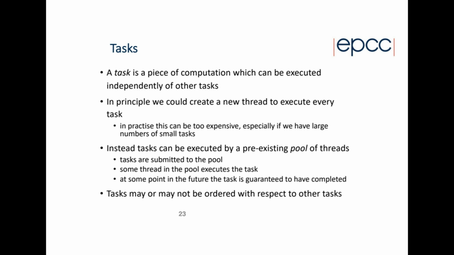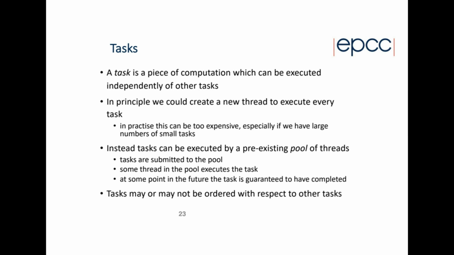So most parallel programs, in particular OpenMP programs, create a number of threads when they start executing, designed to be matched to the available hardware resources. And those threads are kept alive for the entire duration of the program.